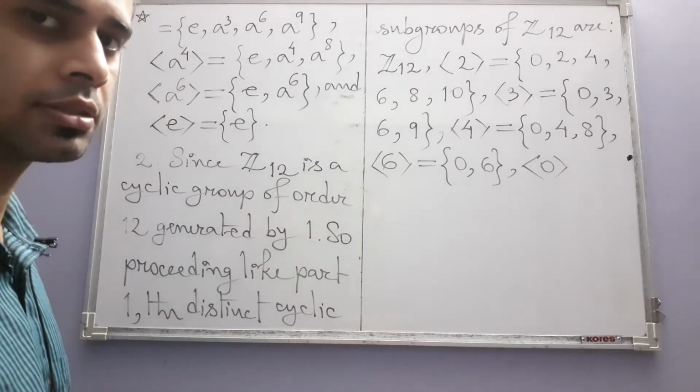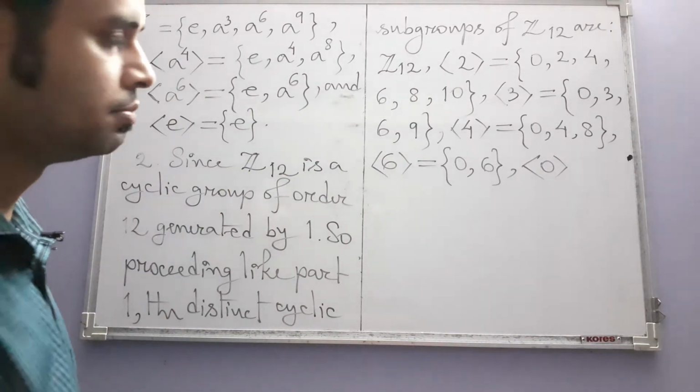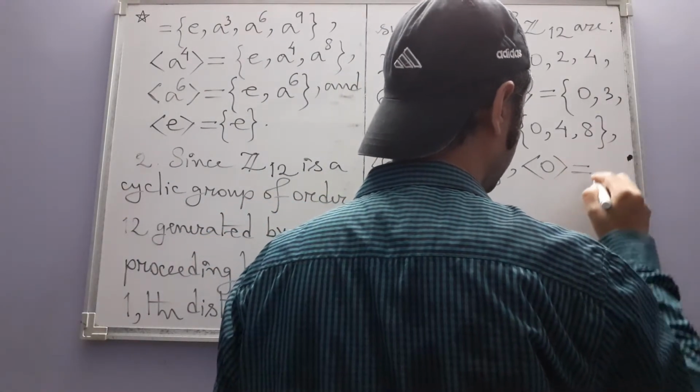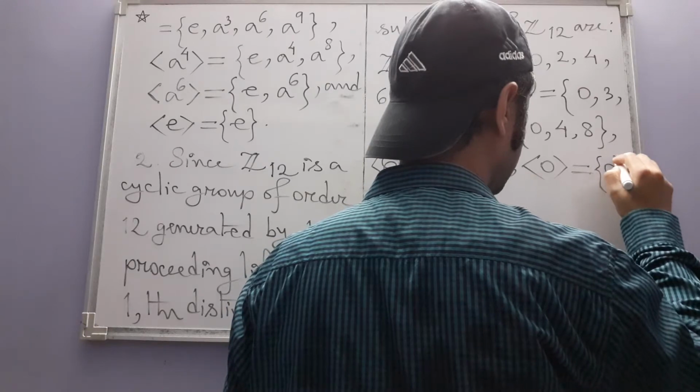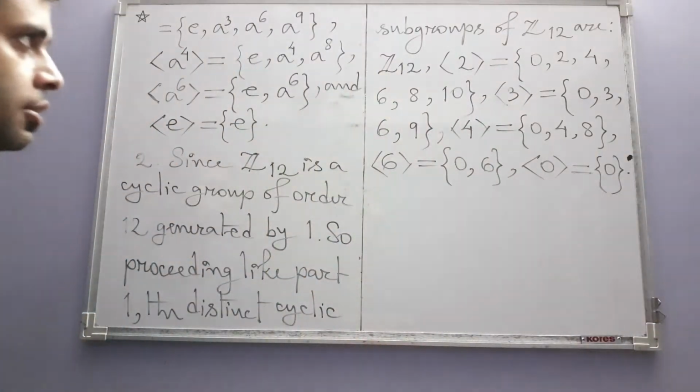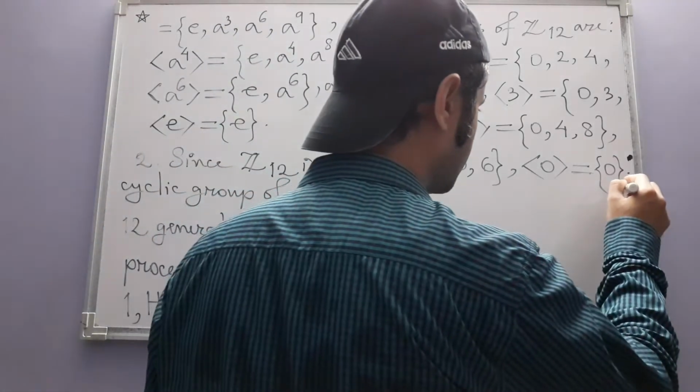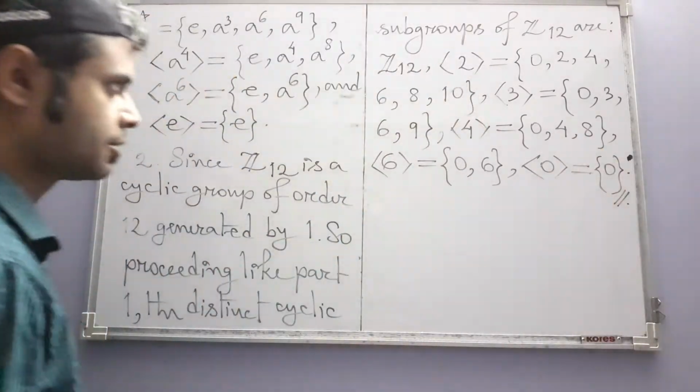They are always the subgroups in any group, and then you can determine the non-trivial subgroups. Okay, so in this case these are all the subgroups of Z12. So that's the solution.